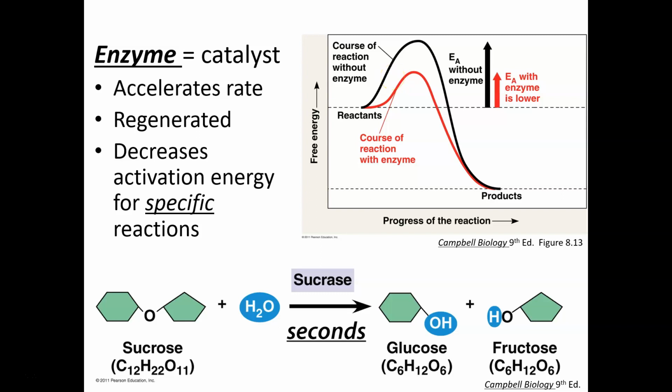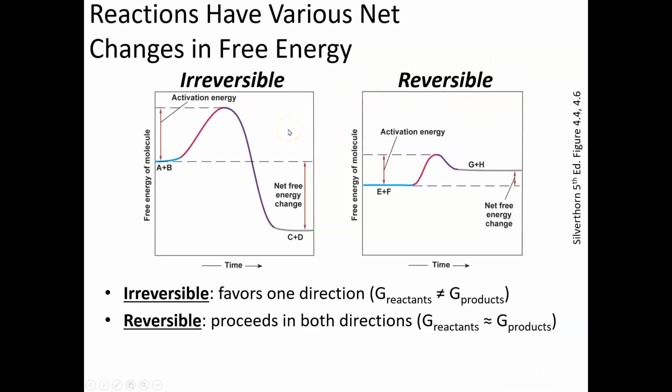You have to stand up every time you want to change the channel. But if you have a remote control, all you have to do is pick up the remote control and move your thumb, right? So you don't need as much activation energy. Therefore, you're more likely to change the channel and look at a different channel. So enzymes are catalysts. They accelerate reactions. They're regenerated and reused multiple times, and they work by decreasing the activation energy.